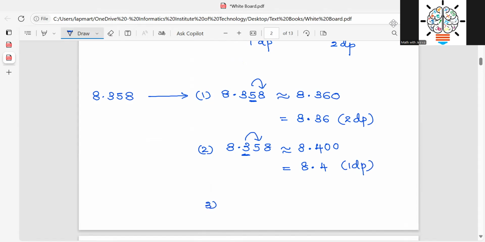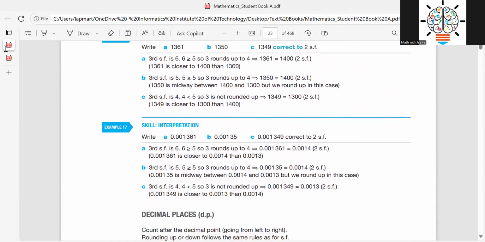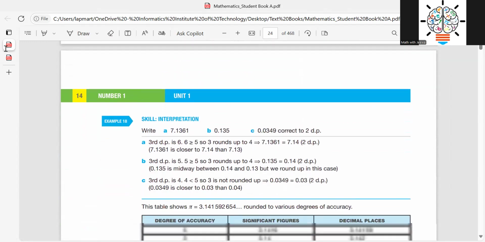Then the third one, let's say we have 8.358, and this is the nearest unit. You look at the next one. So then I write 8.000, and here I write 8, nearest unit. Okay. So this is what you want to learn, the significant figures and the decimal places. Any number, that is how you convert.